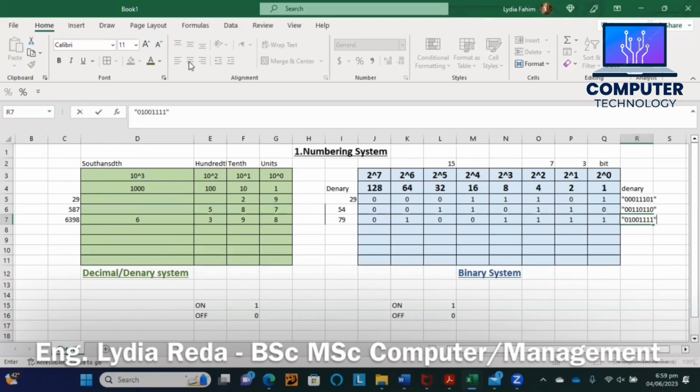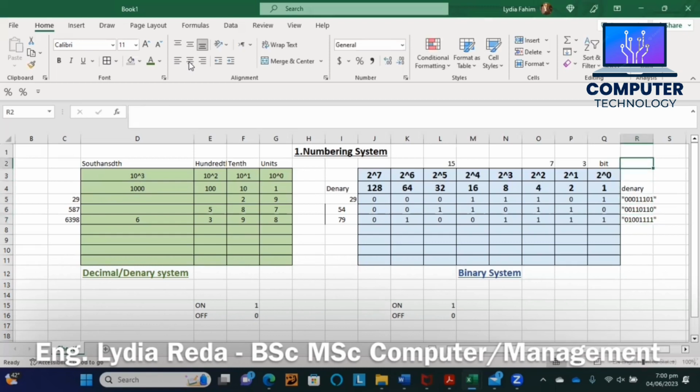So this is the very simple way of transforming a decimal or denary number to a binary number, which is only represented by a 0 or a 1, a bit, which is the tiniest lamp used in the electric signal in the computer.